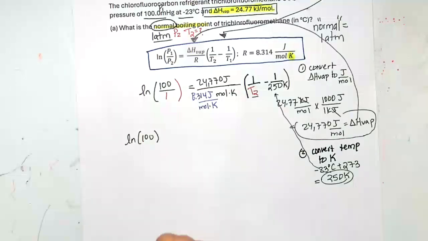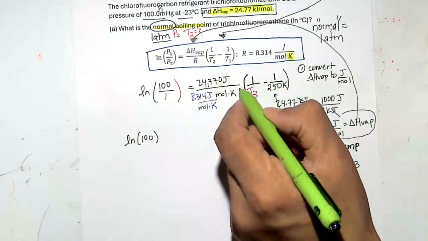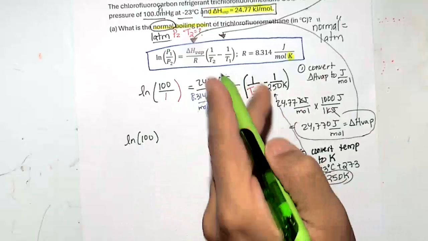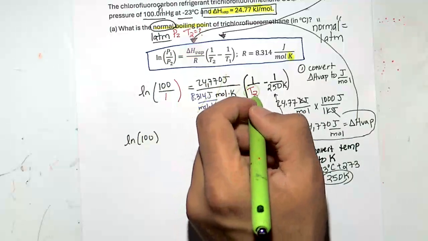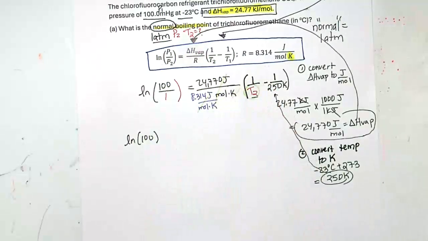And one more thing here, you guys, is the units. The joules over mole cancels with the joules over mole. This Kelvin will eventually cancel out with that Kelvin, but our final units are going to be in Kelvin, because temperature is in Kelvin.